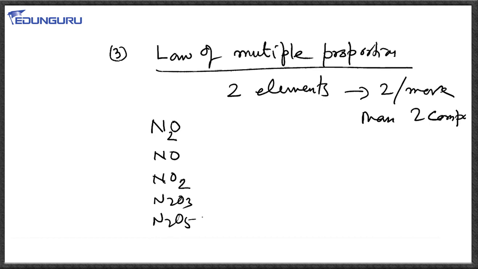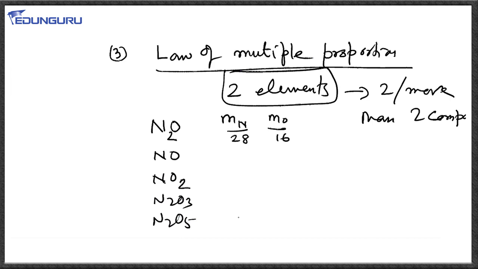Over here, again, we are confined to 2 elements. Now, mass of nitrogen and mass of oxygen: in the first compound it is 28 gram and 16 gram. In the second compound, NO, it is basically 14 gram and 16 gram.